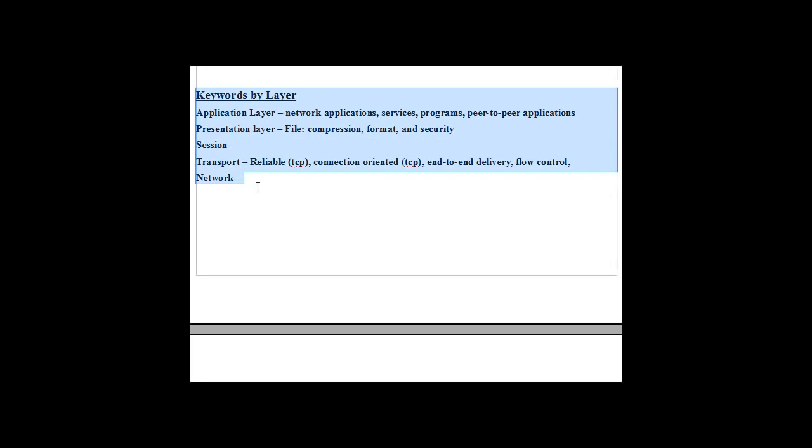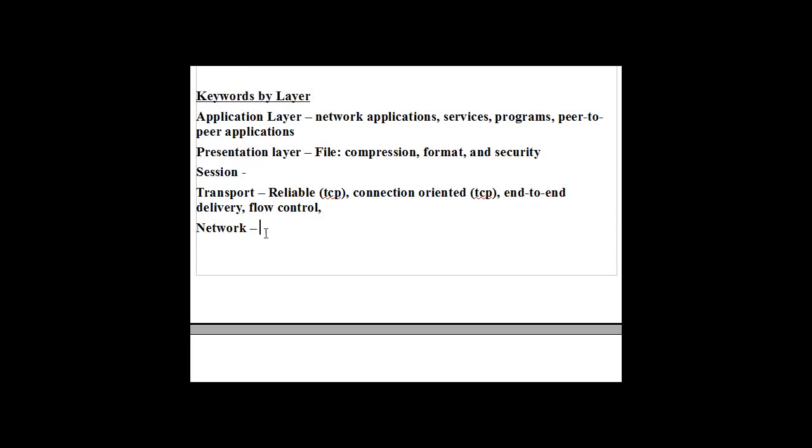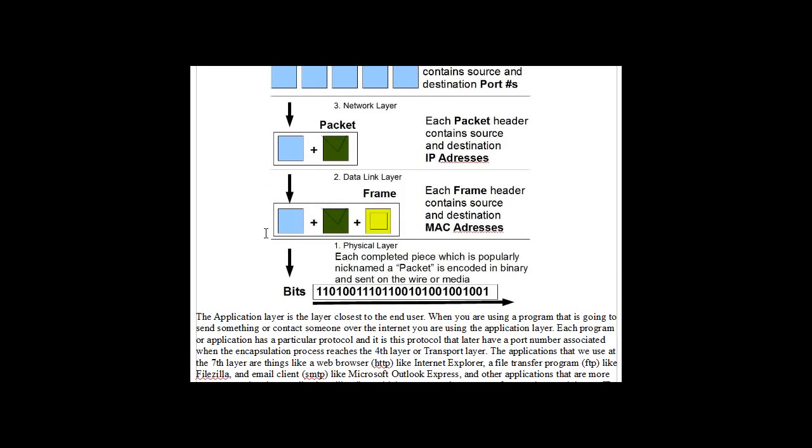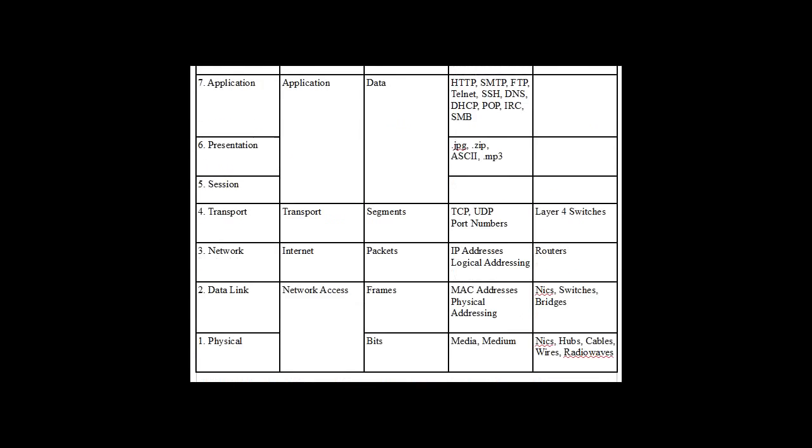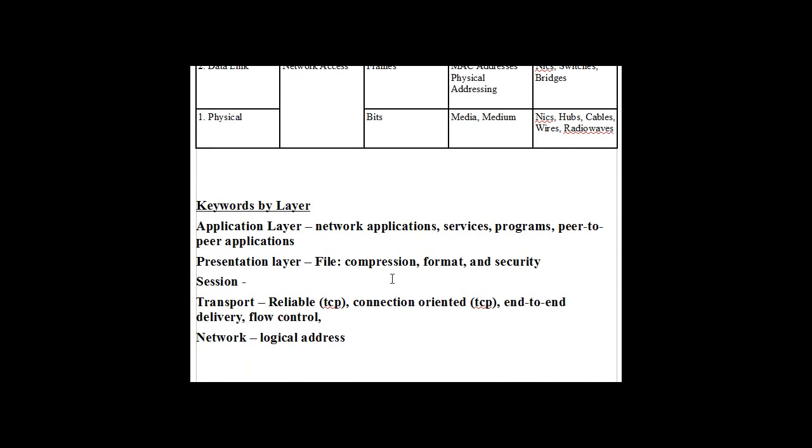So it's important to keep that in mind as you're taking a test or you're working. Network layer. If you hear the word logical addressing, or IP, you know you're dealing with the network layer and IP addresses.